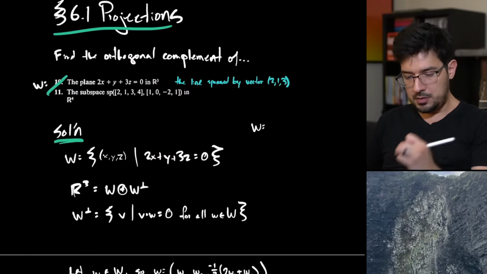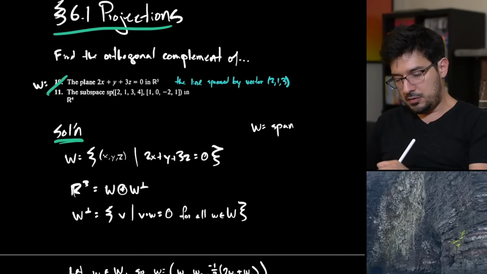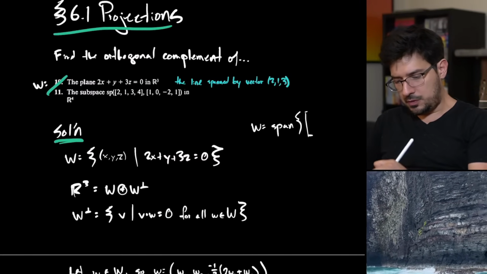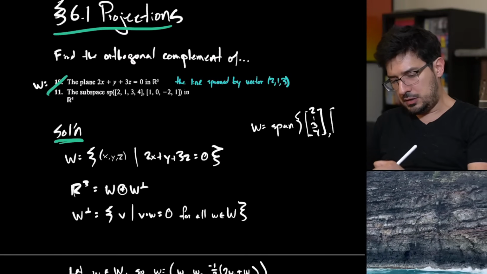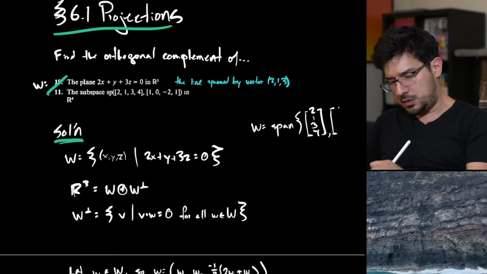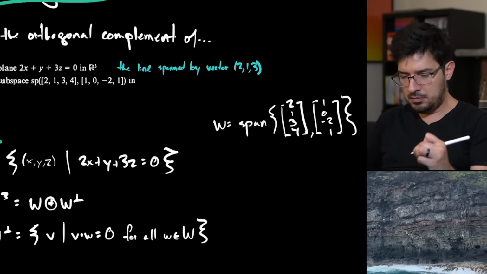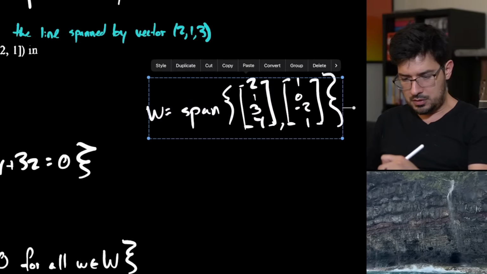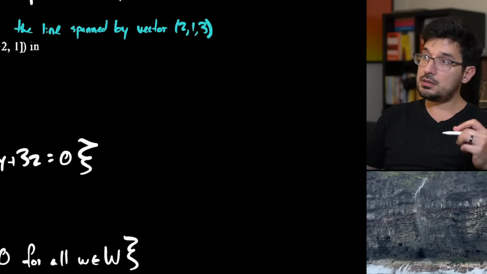So W is the span of 2, 1, 3, 4 and 1, 0, negative 2, 1. Let's cut that and bring it down here.